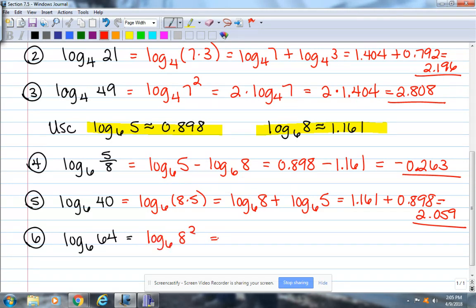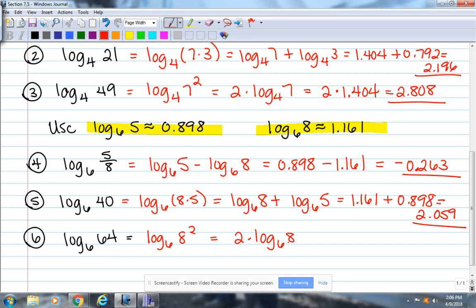And how do I expand my logarithm when I have a square or an exponent on my number? You bring the exponent where? To the front. So it's 2 times log base 6 of 8. And what is log base 6 of 8?